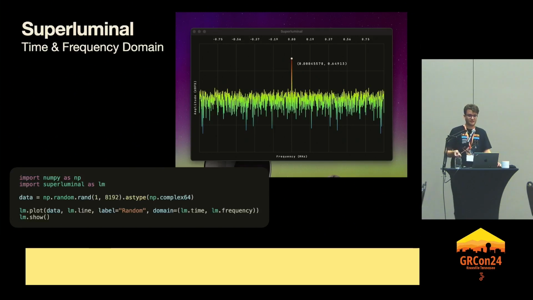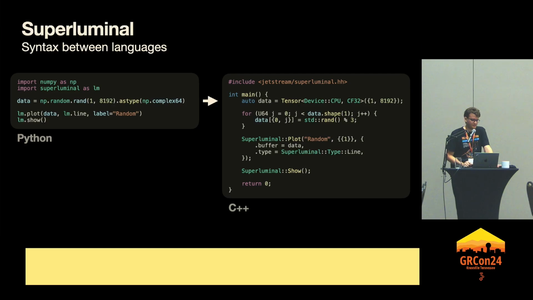For example, if your input is time domain, just say lm.time and output lm.frequency, and Superluminal will do the FFT on the fly for you. The same applies when you're doing the animation one. Everything will be handled by Superluminal.